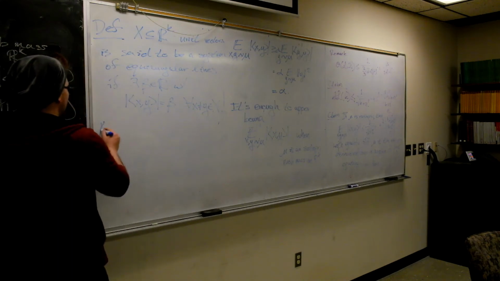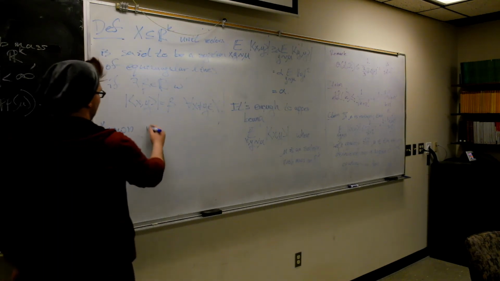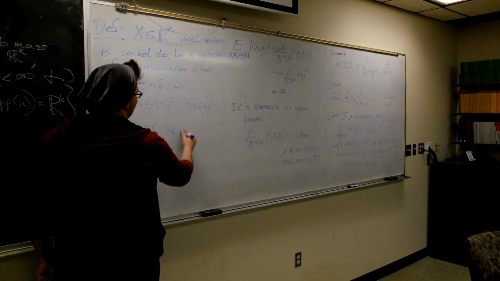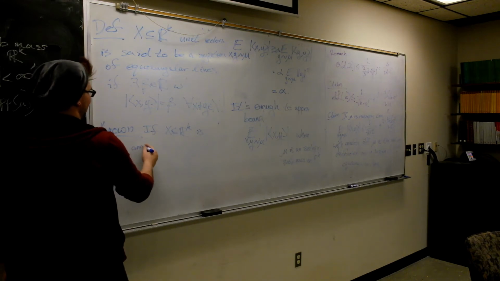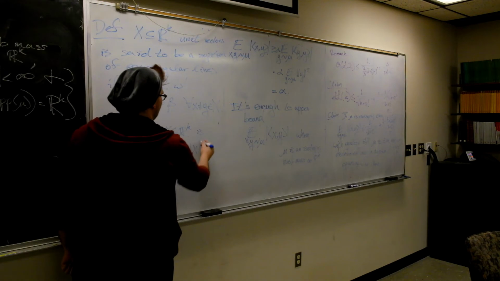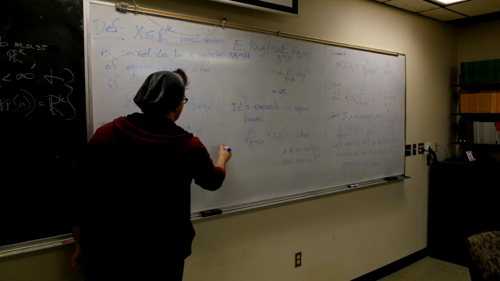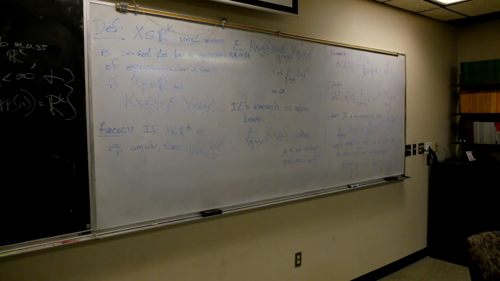So it's known, and it's not difficult to prove, that if X is equiangular, then the size of X is at most k plus 1 choose 2. I guess one thing I should give you is a couple examples of equiangular lines.